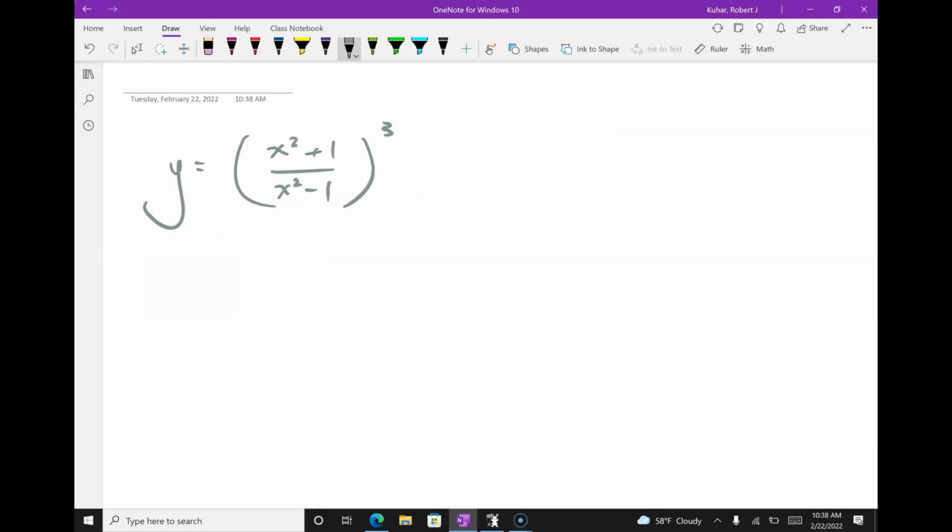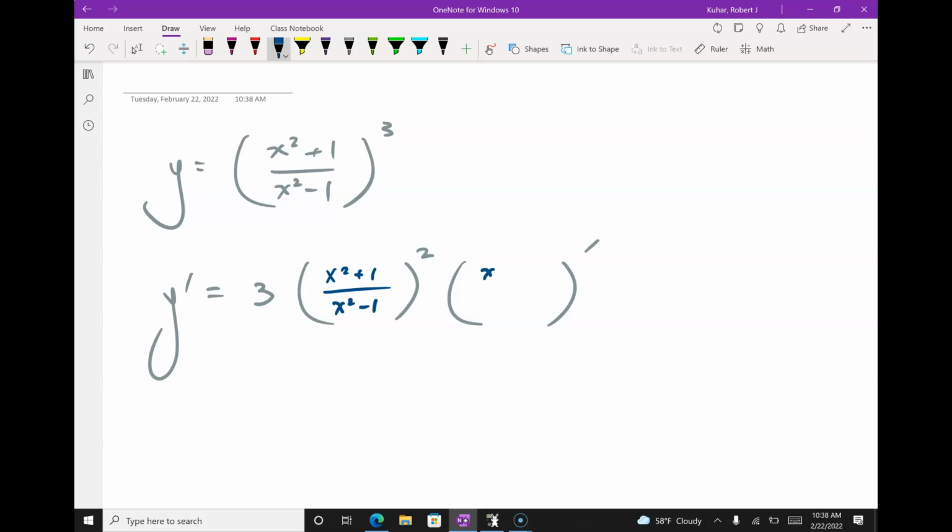When I start getting this product rule, quotient rule in between, I'll often use placeholders, okay? So I already know that y prime is 3 times that inside squared times the inside prime, right? I know the derivative of the inside is complicated, so I'm trying to write my derivative down with a placeholder, reminding me I still have to do that quotient rule part.